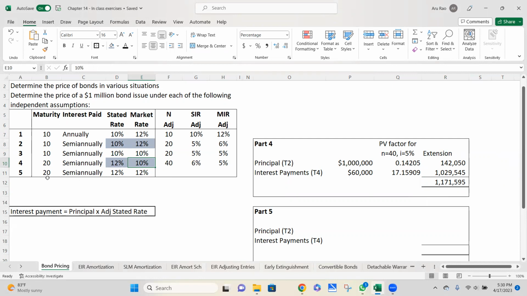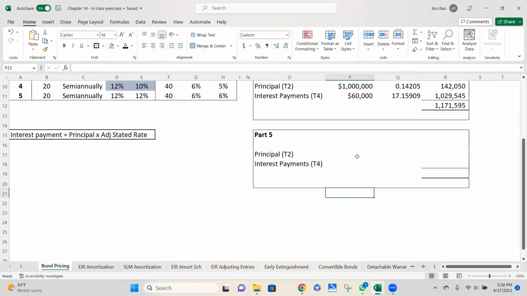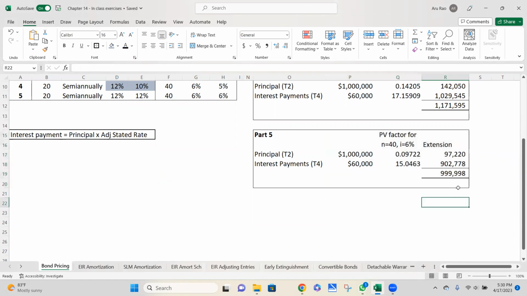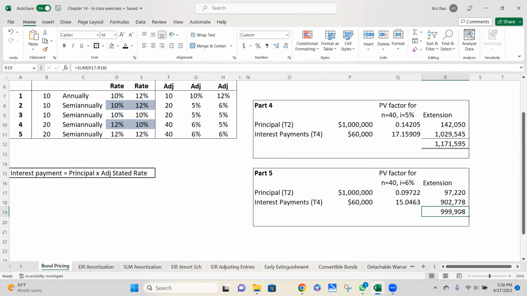The last one, again, market and bond rate are the same, like we had 10 and 10. Here you have 12 and 12. Again, you don't need to do the calculations, but when I do the calculations, I go through the motions. Here's what I'm going to come up with, a number very, very close to the $1 million. I'm off by $2. Again, that's a rounding error. That's fine. So you come up with $1 million.